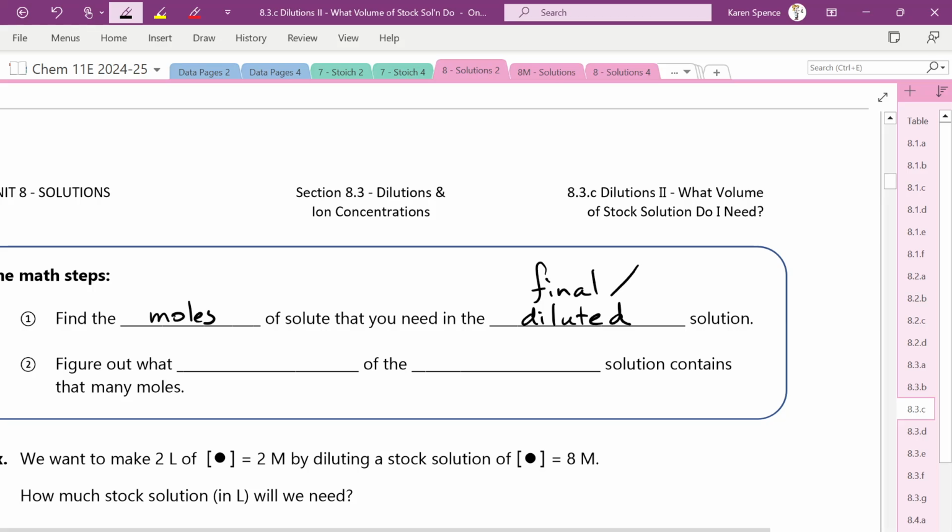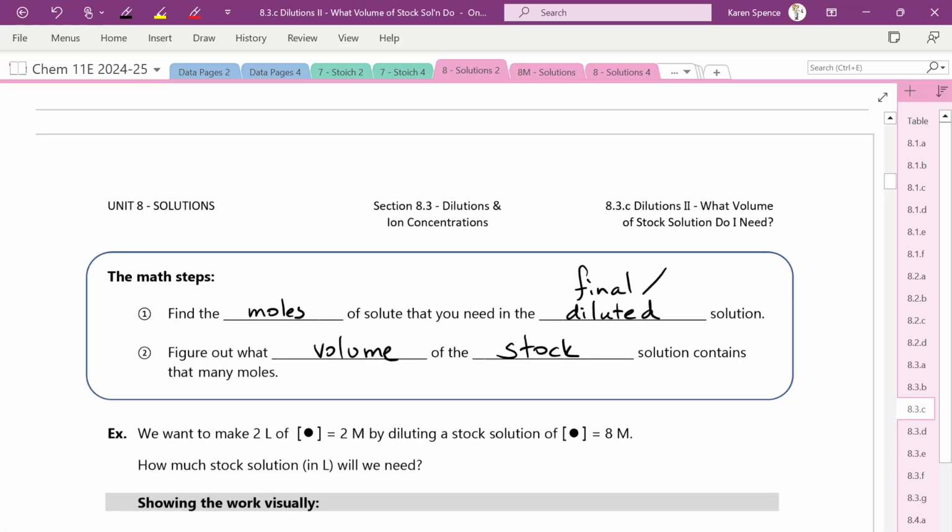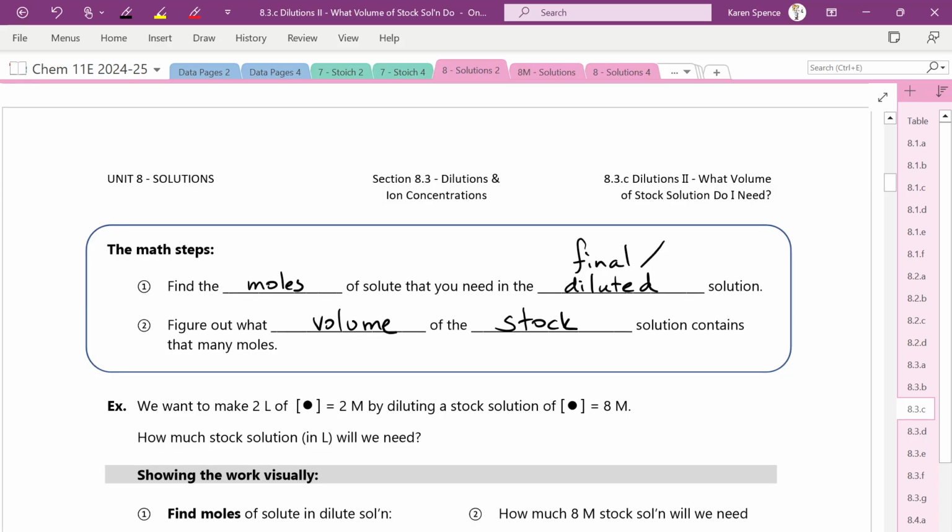And then you will figure out what volume of the stock solution contains that many moles. So again, what's the first step? It's find the moles. And in this case, you need to find then the volume.